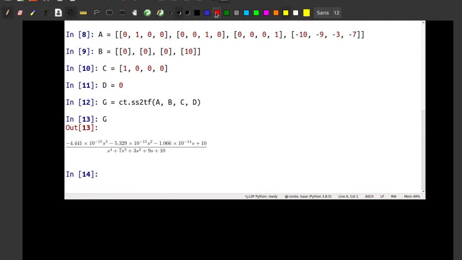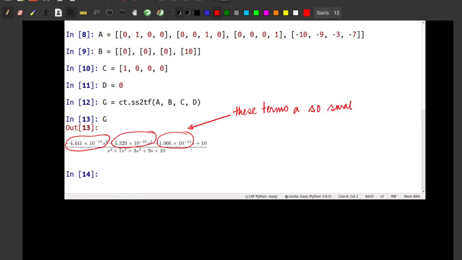And here notice that these terms are so small that they can be ignored.